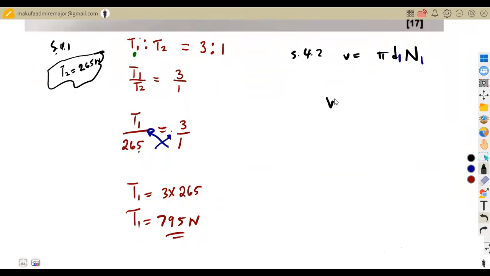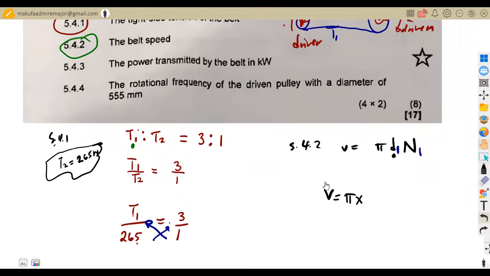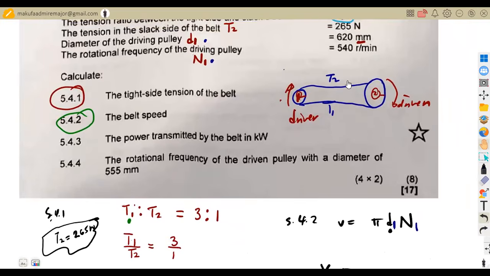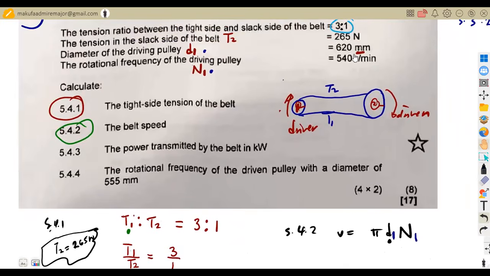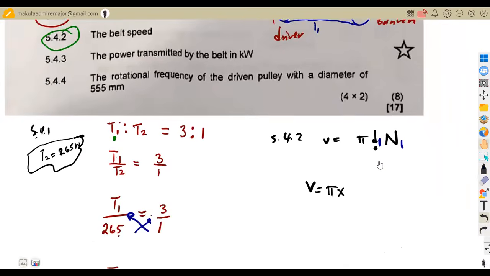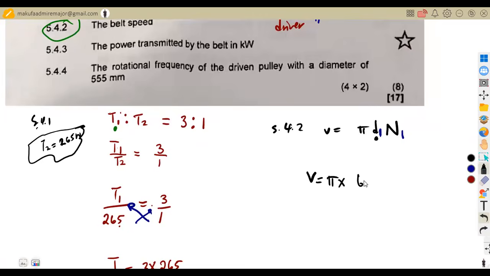So our velocity is going to be pi times the diameter in meters. Remember, velocity is in meters per second, so this diameter must be in meters. Our diameter is 620 millimeters, so we are going to multiply 620 times 10 to the exponent of -3. That's our diameter, times N in this case.